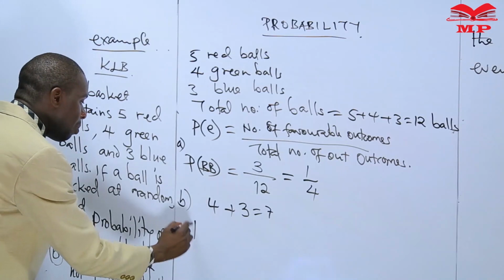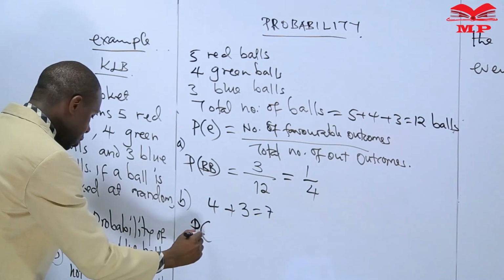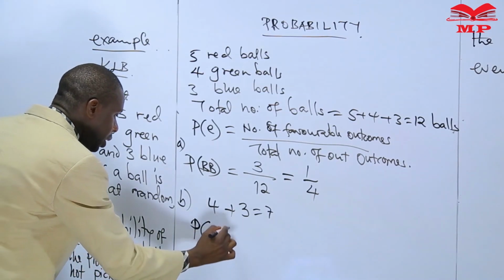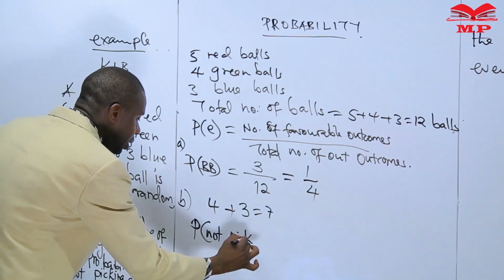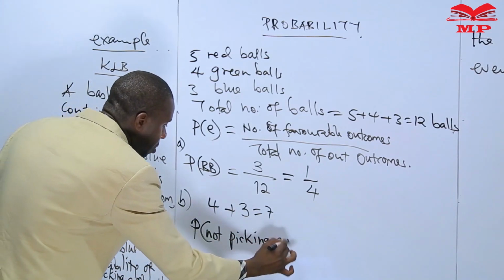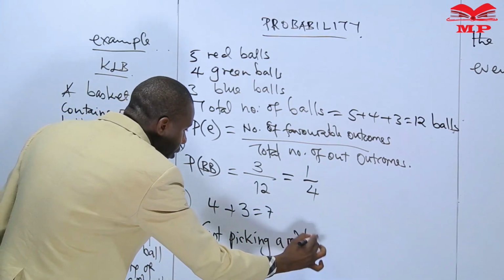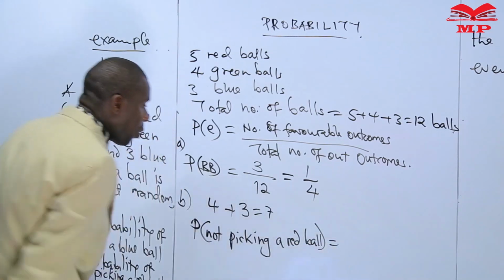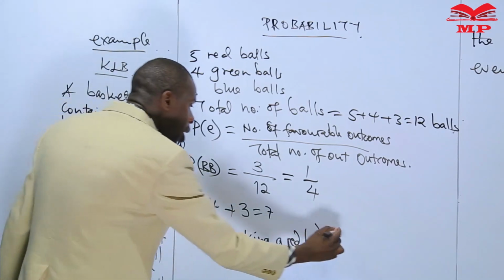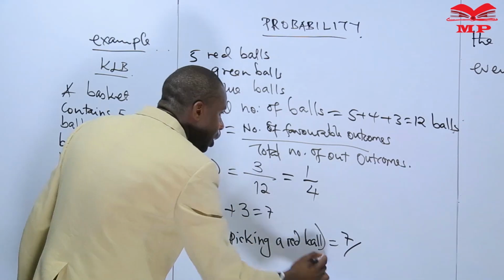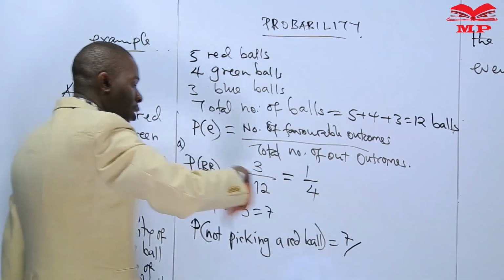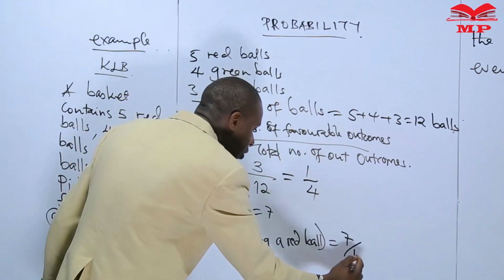So therefore, our probability of not picking a red ball will be the probability of picking all the other balls out of the total number of outcomes, which are 12 balls.